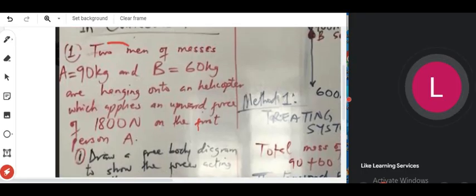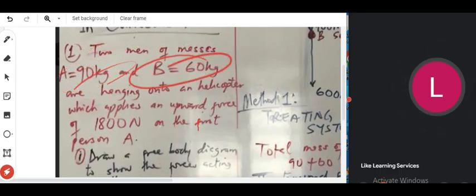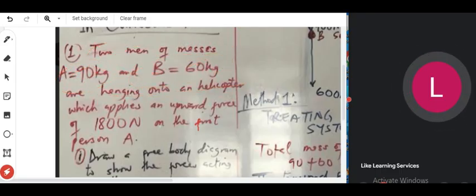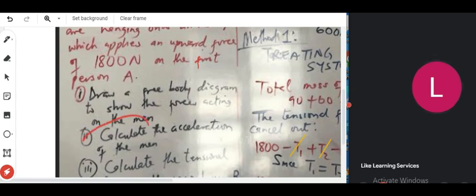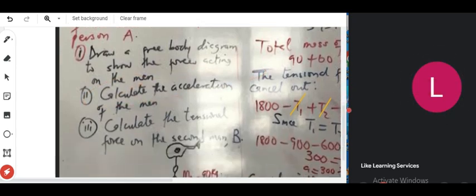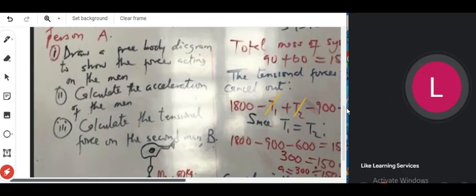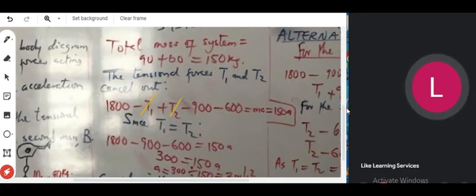Two men of masses 90 kg and 60 kg are hanging onto a helicopter which applies an upward force of 1,800 Newton on the first person A. Draw a free body diagram, calculate the acceleration of the men, and calculate the tensional force in the second man. Okay, this can be modeled like this.